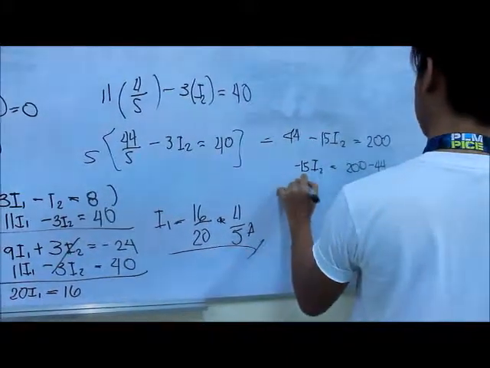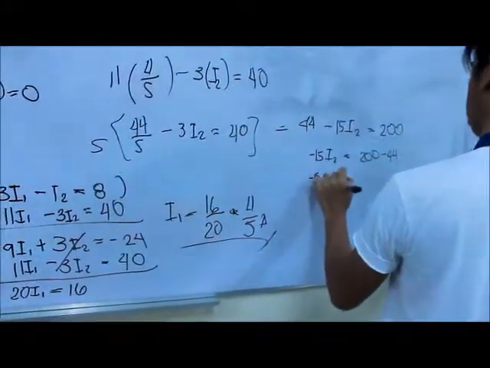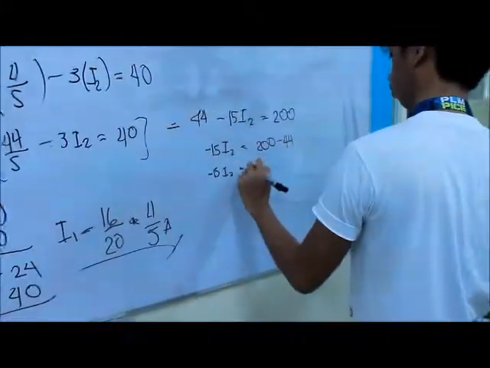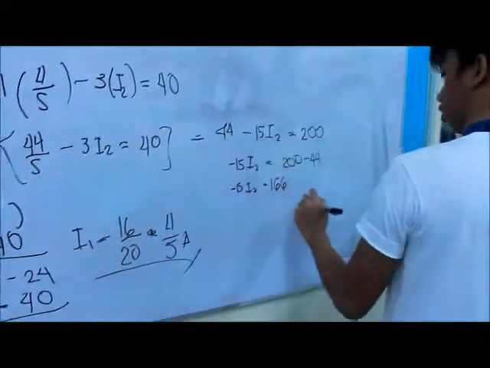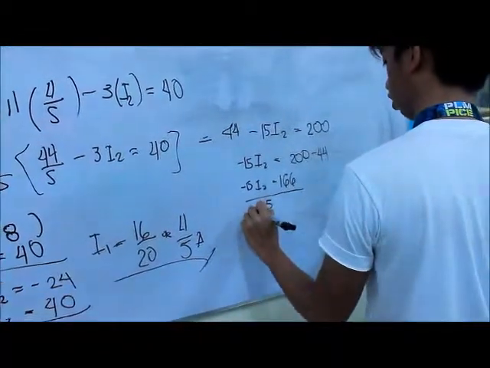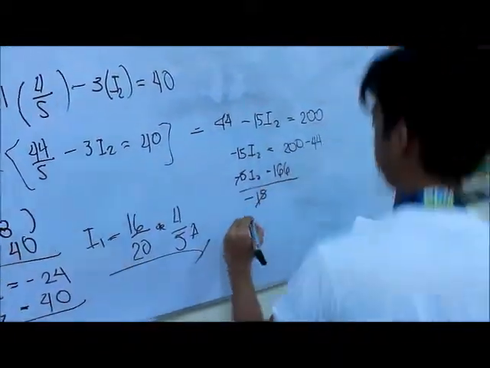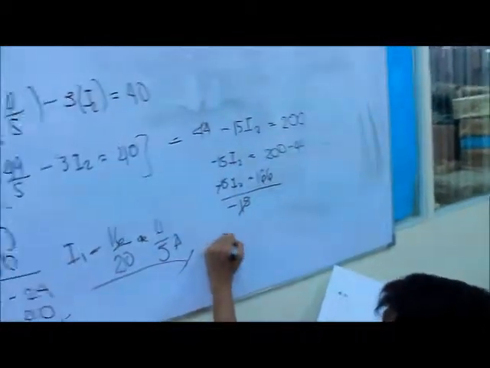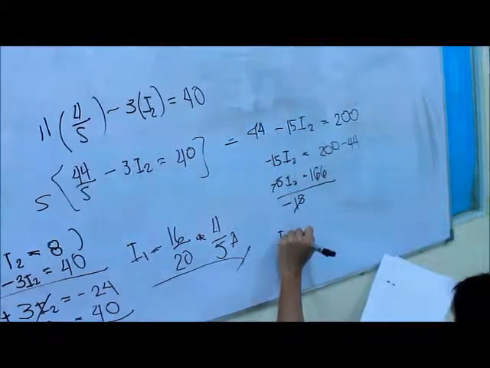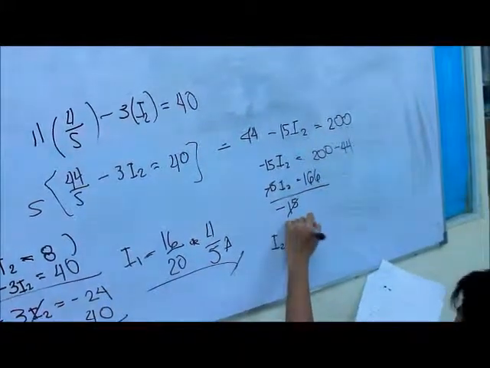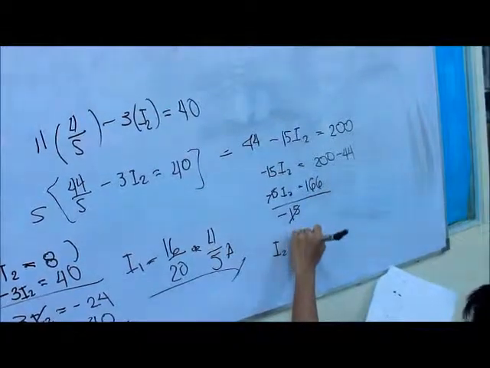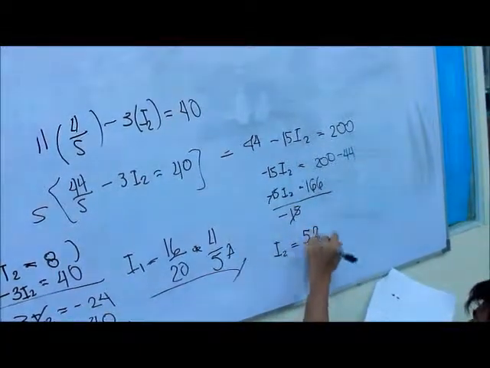So negative 15 I2 is equal to 166. So I2 is equal to 52.